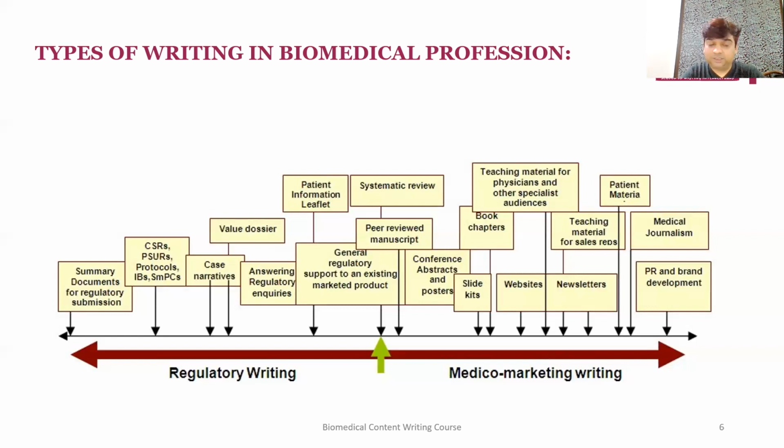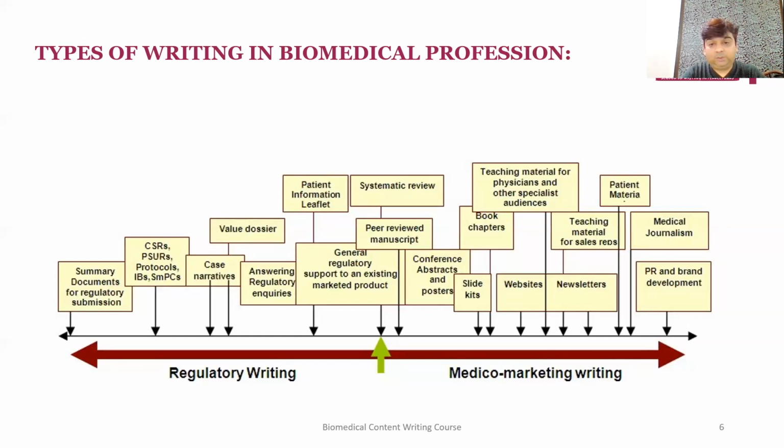Then comes medical journalism, where you write stories for newspapers and magazines, which also comes under biomedical writing. Then comes PR and brand development, which is for branding purposes, but involves a lot of writing.